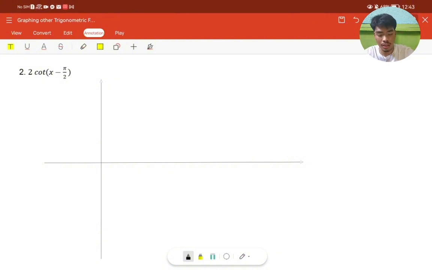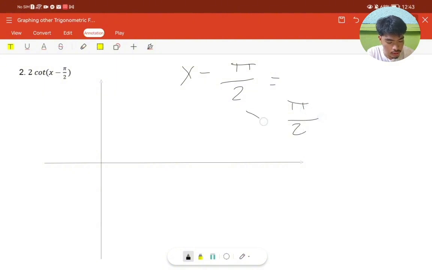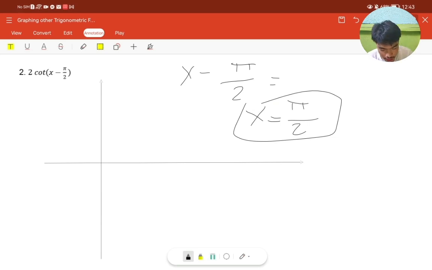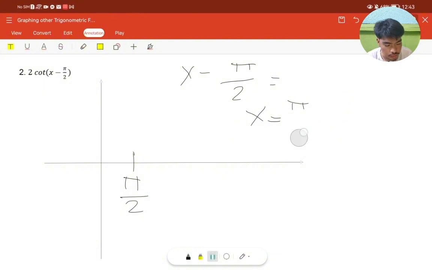To find the answer, we transpose, so we get a positive pi over 2 for x.